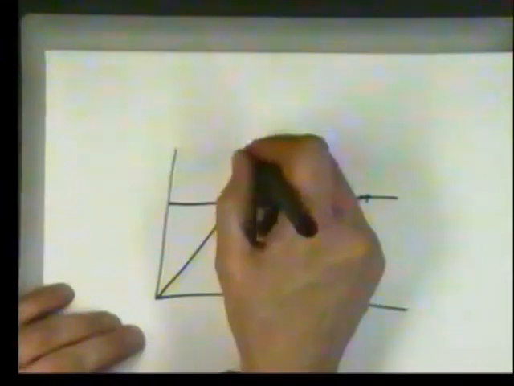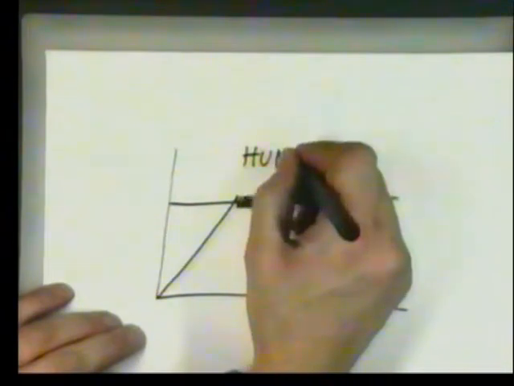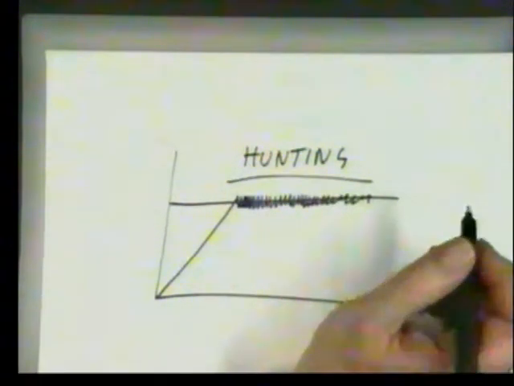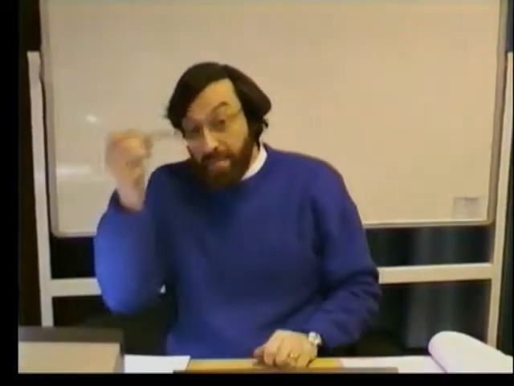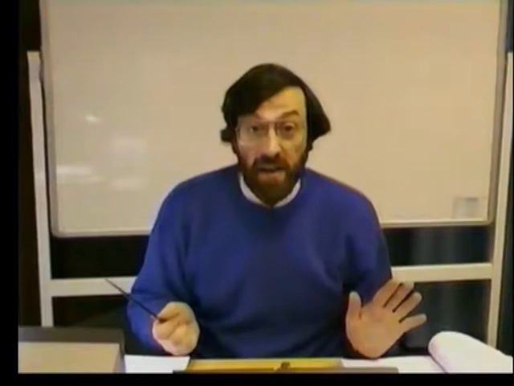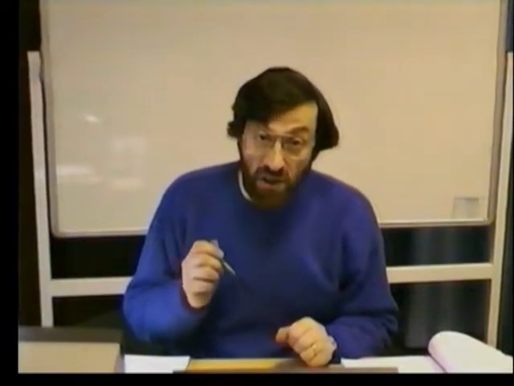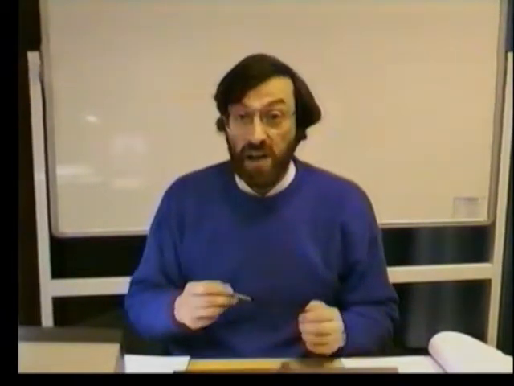And what will tend to happen is that you start exhibiting a phenomenon that is known as hunting. What that means is that our measured variable is wobbling around the set point, always trying to find it, but missing it, but at very high speed, such high speed that the high frequency oscillation will actually cause physical damage to the actuators in your system.